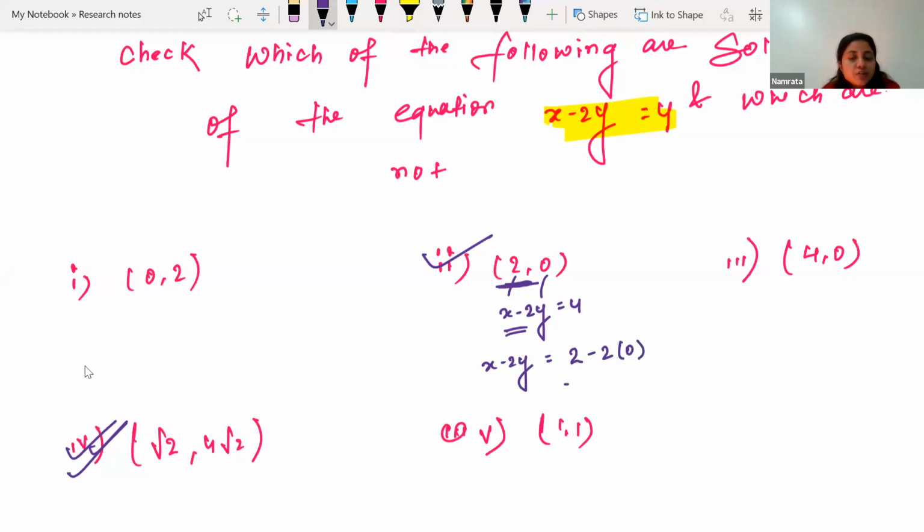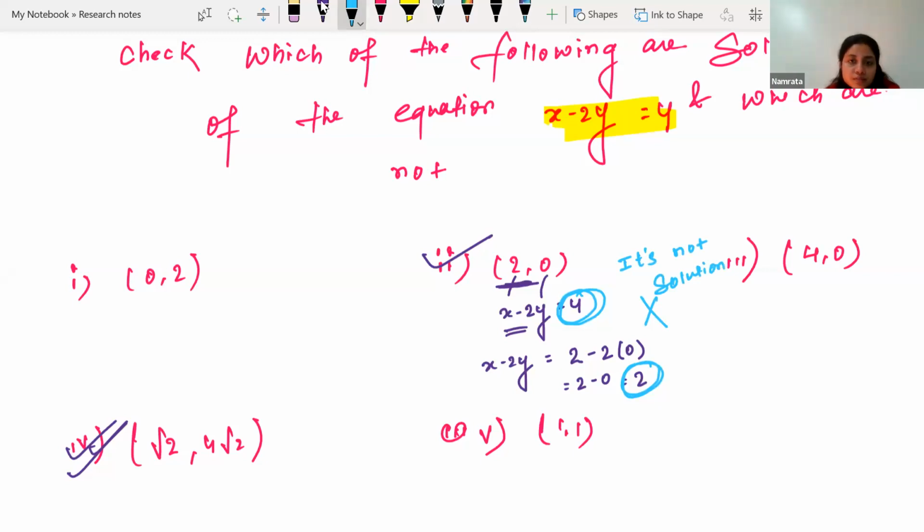Once you solve it, you will get 2 minus 0, that is 2. What we want to get is that x minus 2y has to be 4. Such values of x and y only will be acceptable. Here we are not getting 4, so it's not a solution.